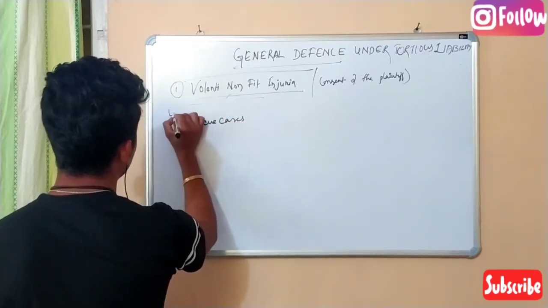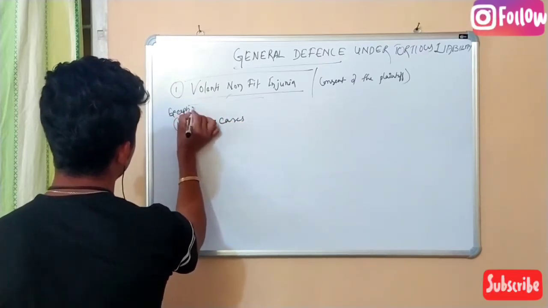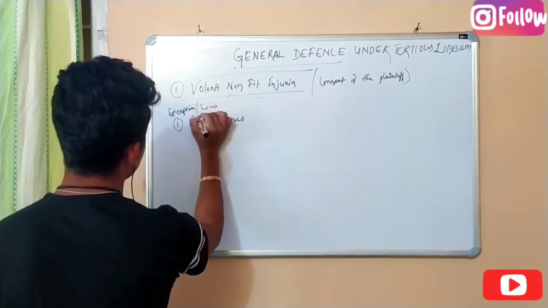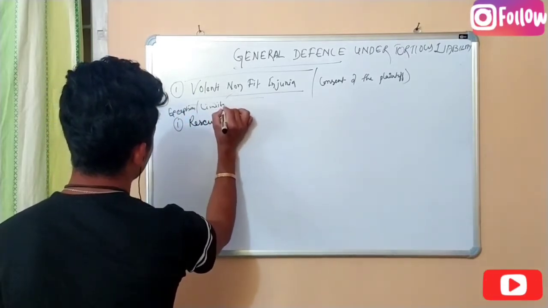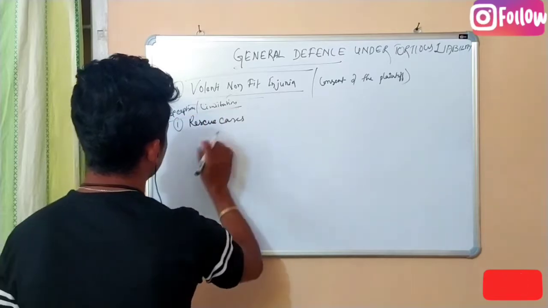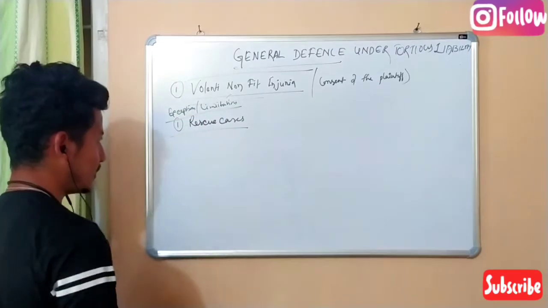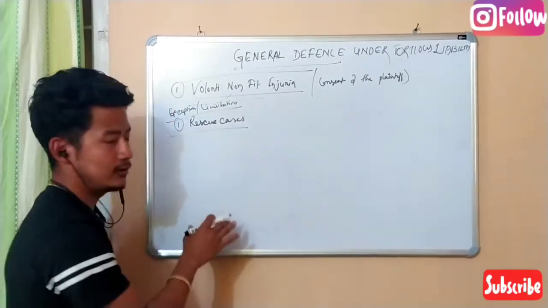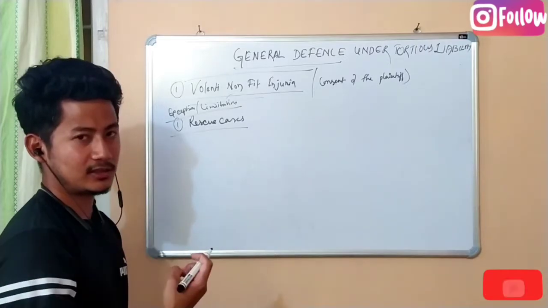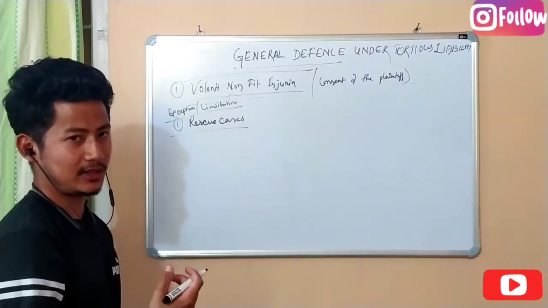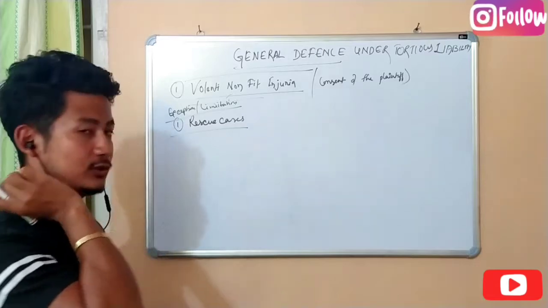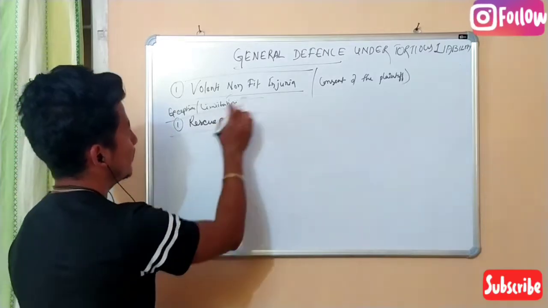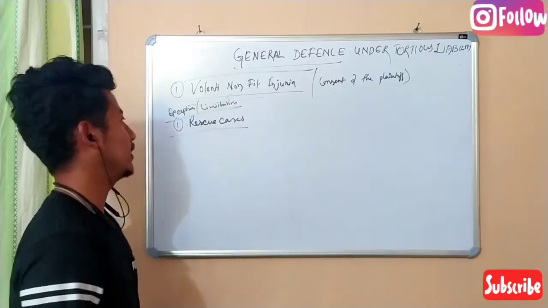It is an exception, or say a limitation. In rescue cases, though there is consent from the plaintiff's side for the injury, the defendant will not be allowed to take the defense of volenti non fit injuria.